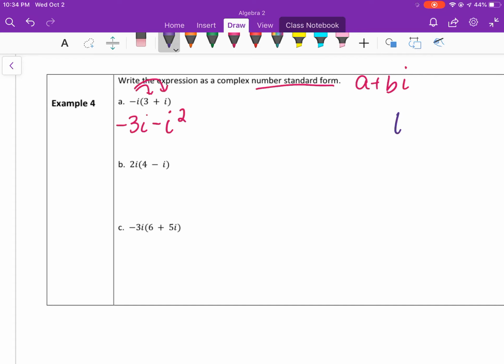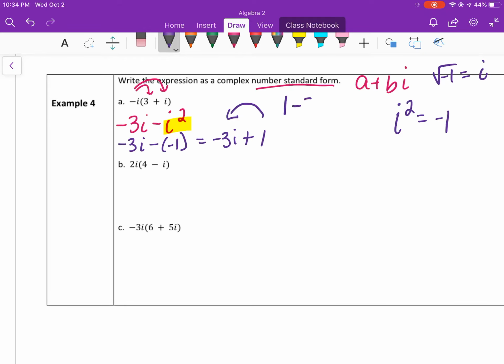Then remember the definition of i squared equals negative 1, since the square root of negative 1 equals i. So I'm going to have to replace this i squared with a negative 1. So now I'm going to have negative 3i minus negative 1, which really is negative 3i plus 1. And then I want to rewrite it so the real part comes first. So it will be 1 and then minus 3i as a final answer.